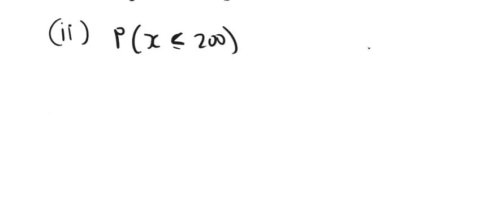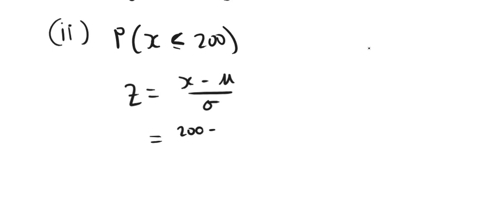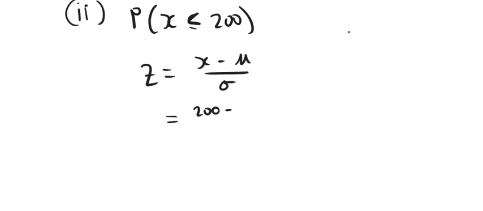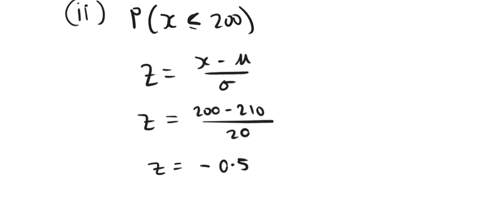Again, we're just going to do our formula. So z is equal to x minus mu over the standard deviation. So that's going to be 200, take away mu, which was 210, over the standard deviation, which is 20. So this will give us our z-score. That's minus 0.5.